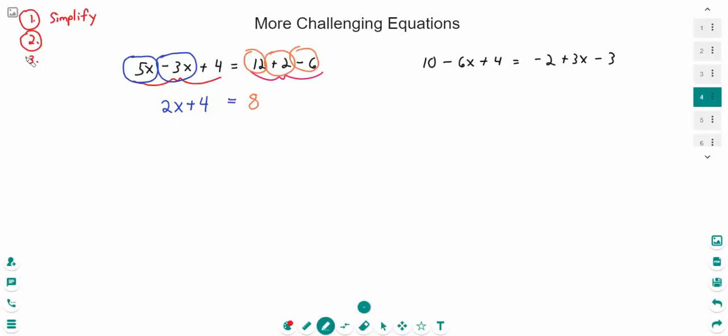We're going to learn the second step later, but that one doesn't apply for this one. So I'm going to say the third step is going to be, let's see. Well, what's the right way to say this? I'm going to say isolate the variable term.